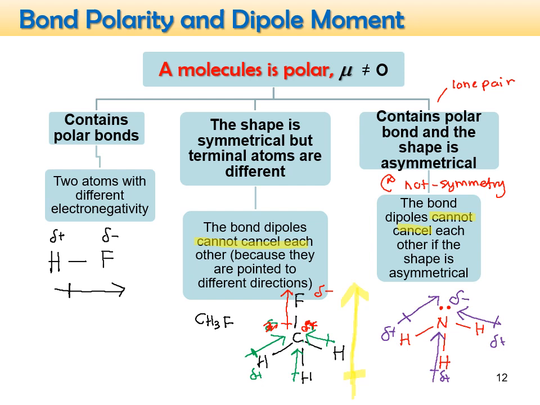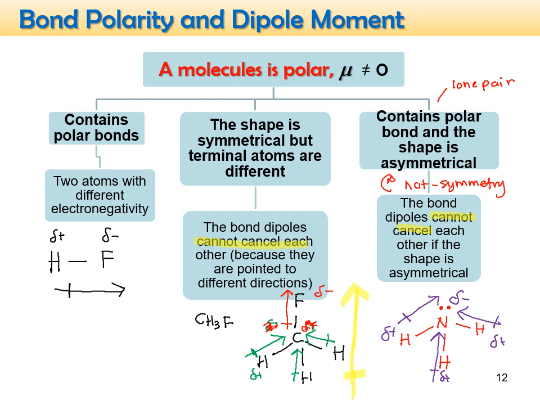So the resultant dipole for this case, the sum of all the bonds, will be towards the top, pointing upward. Can it cancel with anything? No.